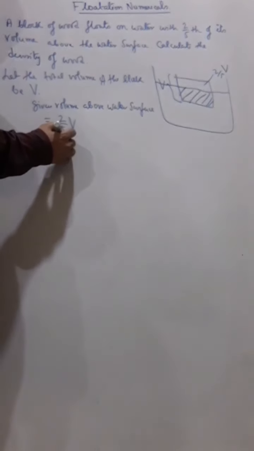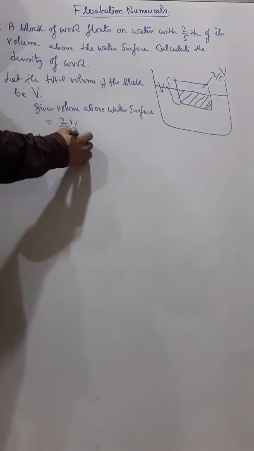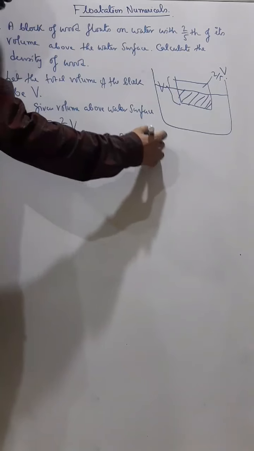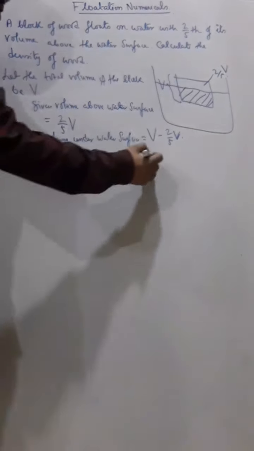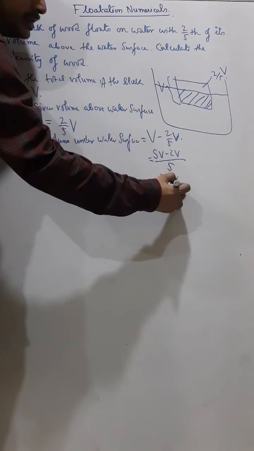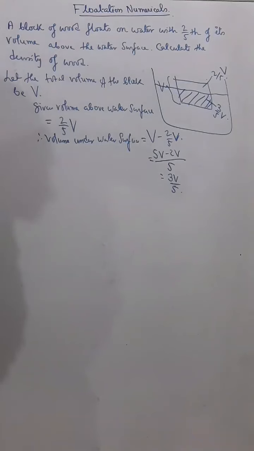So the volume under the water surface will be capital V minus 2/5 of capital V. If I take LCM, I get 5V minus 2V, so finally I get 3V by 5. So that means 2/5 above water and 3/5 under water. Now, simple again, the law of flotation we can apply.